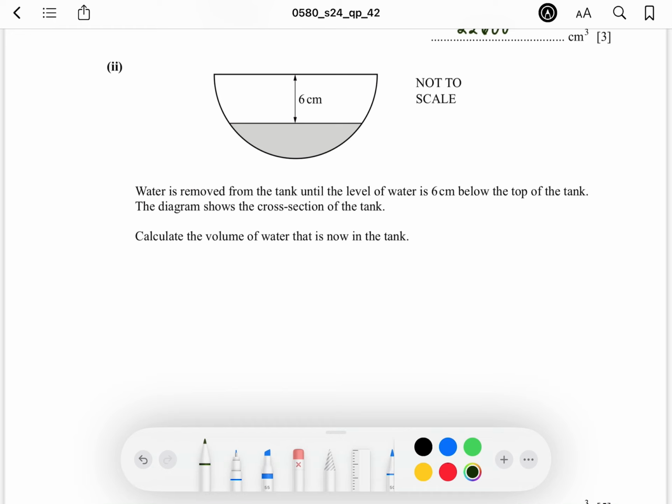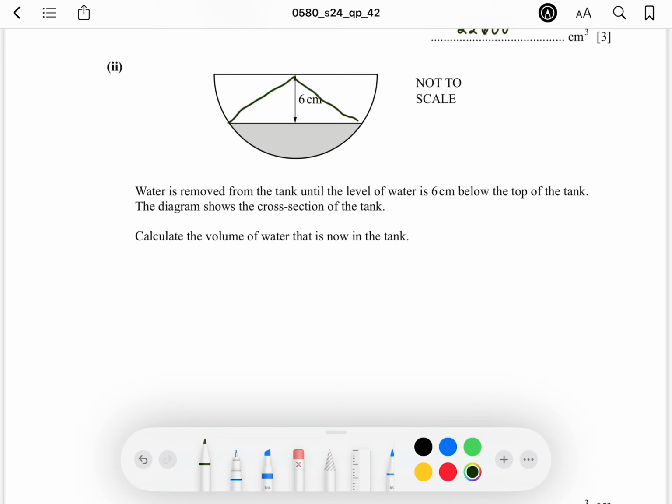Now, actually, because of the existing shape, we don't have a formula to find the area of that. Remember, volume of water: find the area of cross section times the length. So that is not even a semicircle. That's not a semicircle.